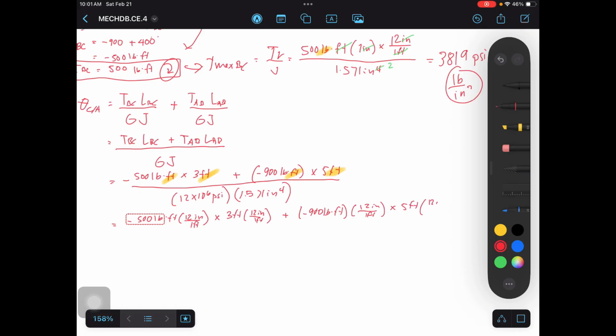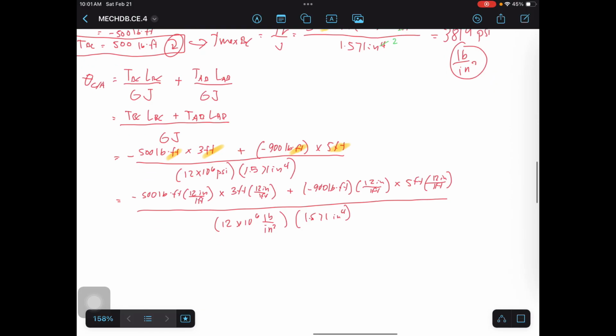So, convert 12 inch, 1 foot. So, that's for the numerator. Si denominator, as is lang siya. PSI, papakita ko yun lang yung PSI. PSI is also pounds per inch squared. 1.571 inch raised to 4.